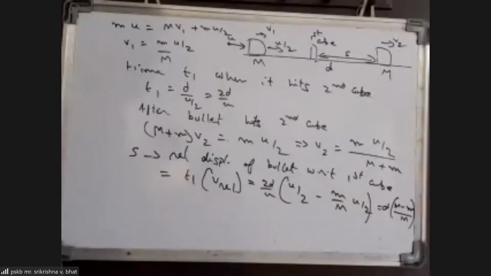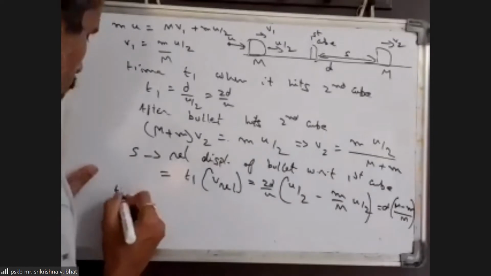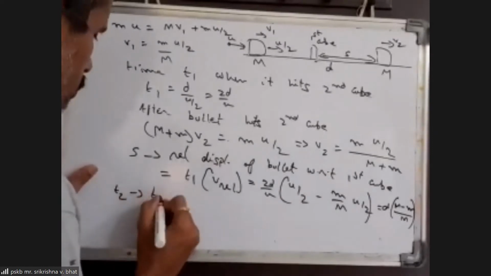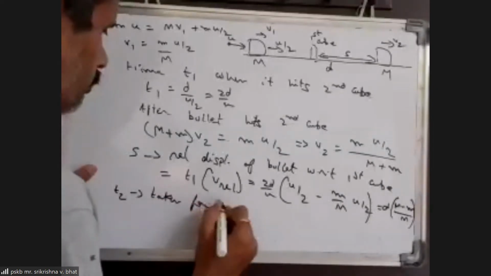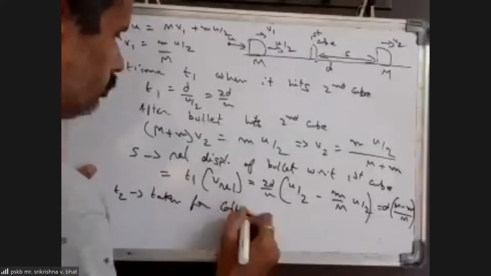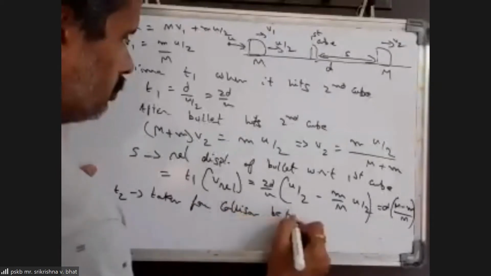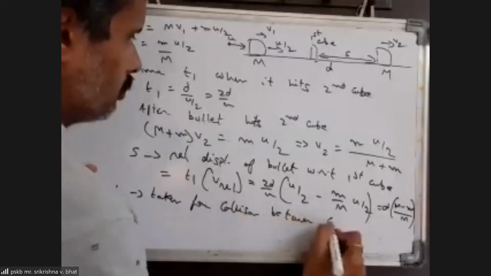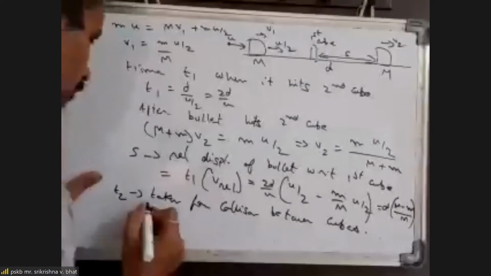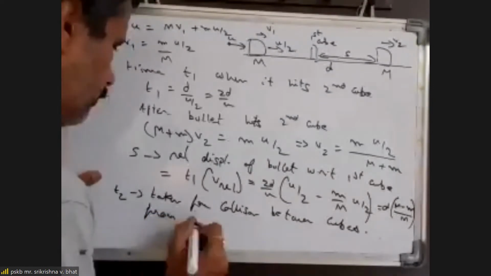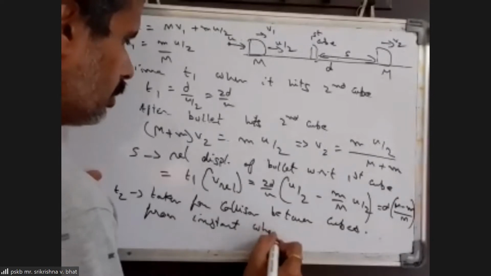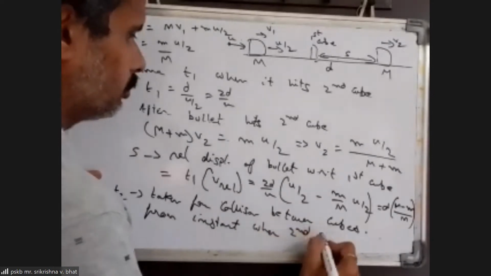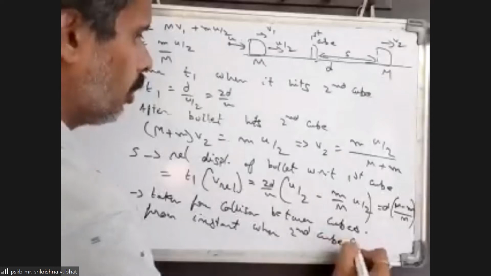So what we can simply do is: t2 is the time taken for the collision between the cubes from the instant when the second cube got hit.